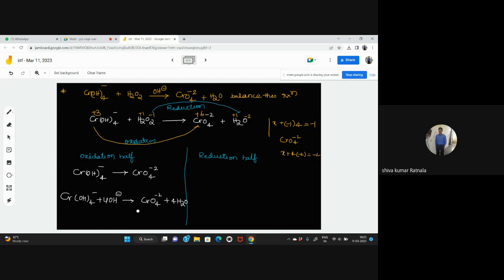Whereas in basic medium, for one hydrogen we add one water molecule to the side where it is deficient, and on the opposite side we add the same number of OH minus ions. Now see, oxygens and hydrogens both are balanced, yes or no?